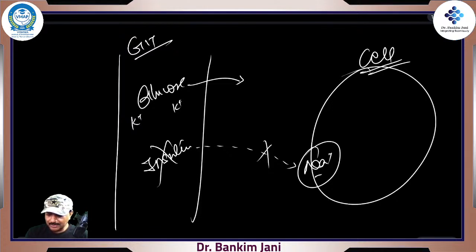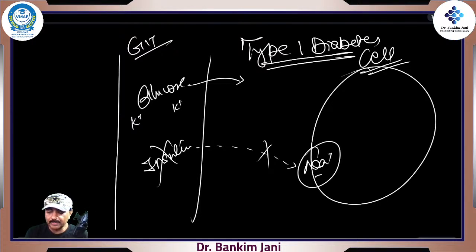The glucose is not going in. This is a typical case of type 1 diabetes, in which when the patient takes potassium, it can rise because this pump is also not working properly, right? So this is also one of the things which can really occur.